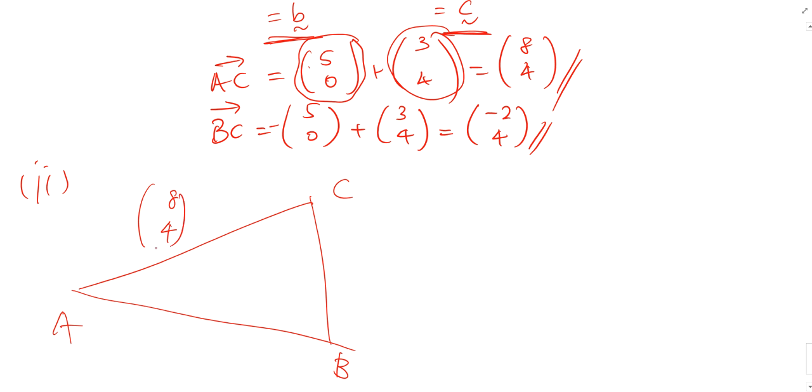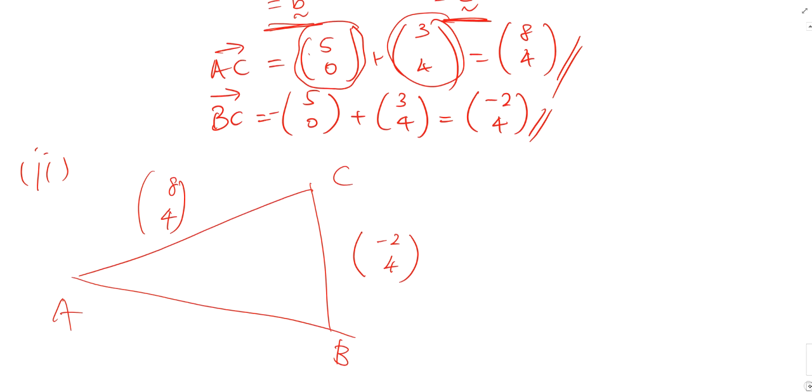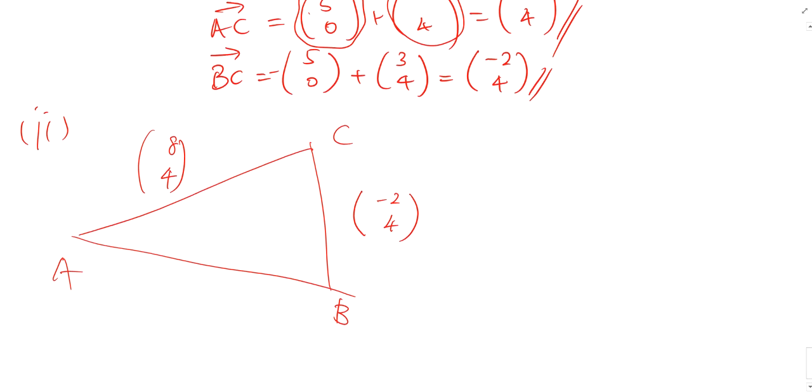Okay, and then for BC, it is actually negative 2, 4. So what about AB? Do we have AB? But we do know that O is the midpoint of AB, right? So what is the AB?